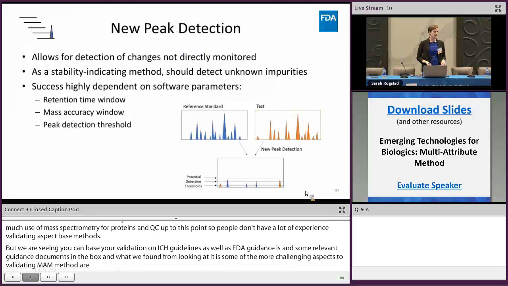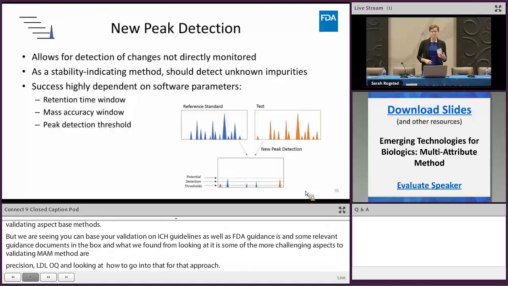So for new peak detection, this is one of the new features of this method that can also be a little hard to validate, and so we're interested in figuring that out as well. It allows for detection of changes that aren't directly monitored by your list of PQAs that you've already characterized, and it should be able to detect unknown impurities, especially if you're using it in a stability setting.